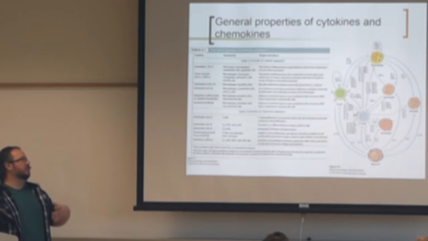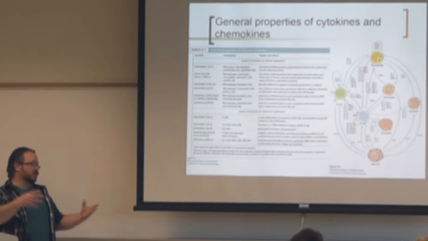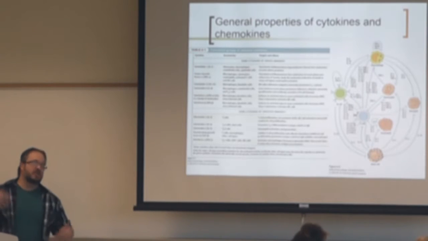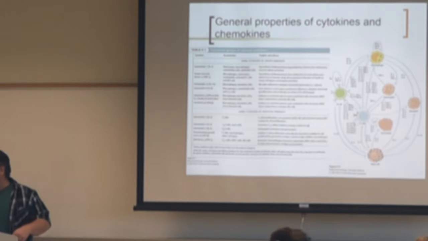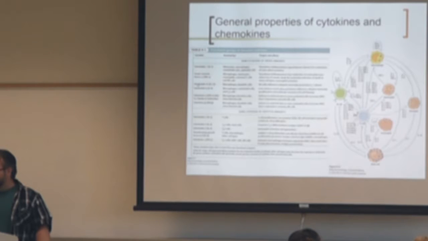So you may want IL-1 to induce a response against something initially, but long-term IL-1 might induce tolerance in a situation where you may not want it. You have TNF, or tumor necrosis factor alpha. These are other inflammatory responses.